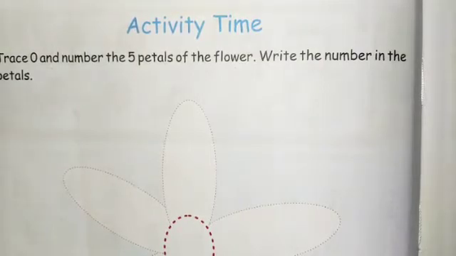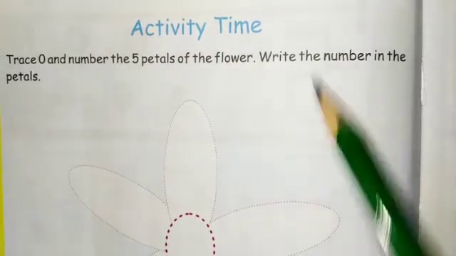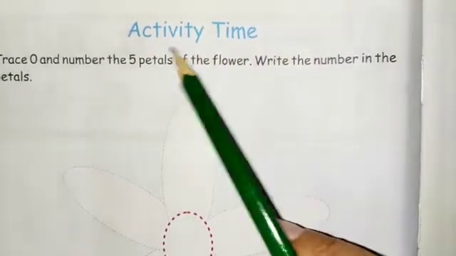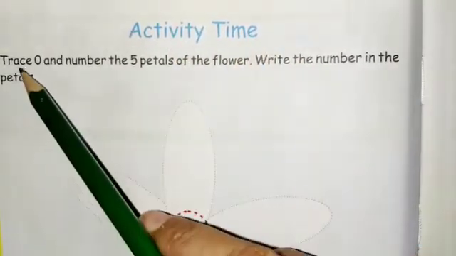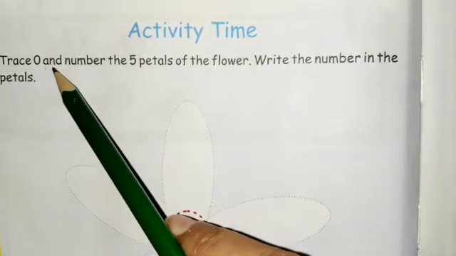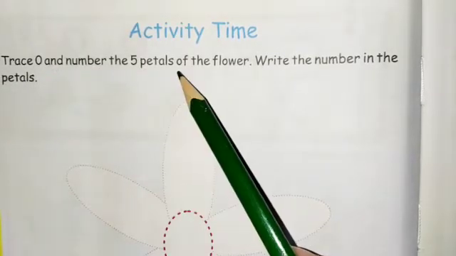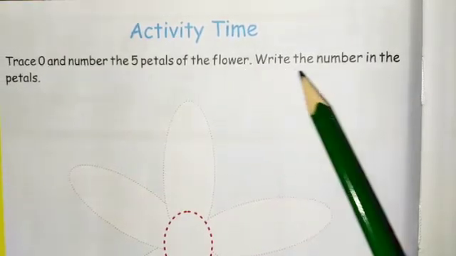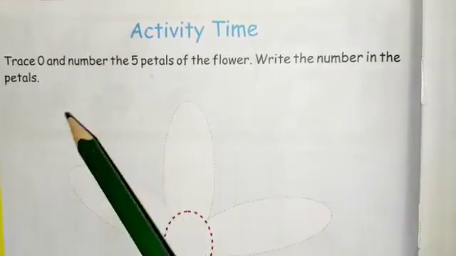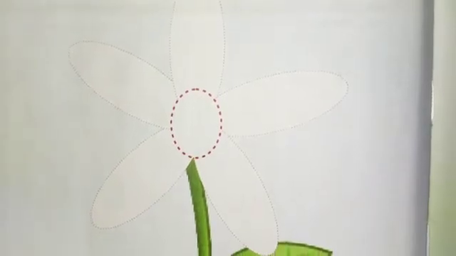Today we will also do some interesting activity on page number 8 and page number 9. This is page number 8. Activity time. Trace 0 and number the 5 petals of the flower. Write the number in the petals. So children, this is the flower.